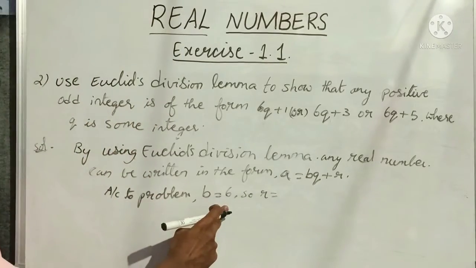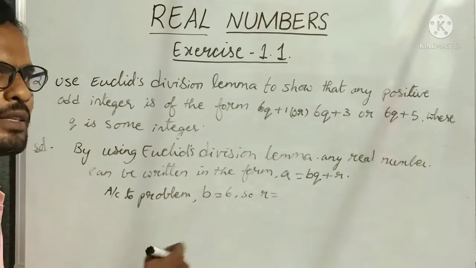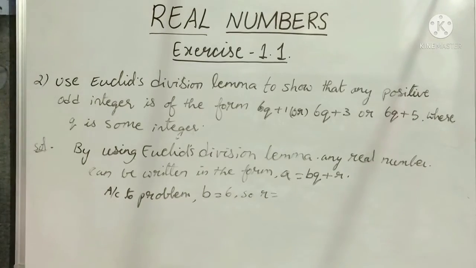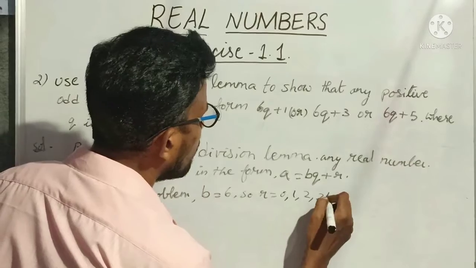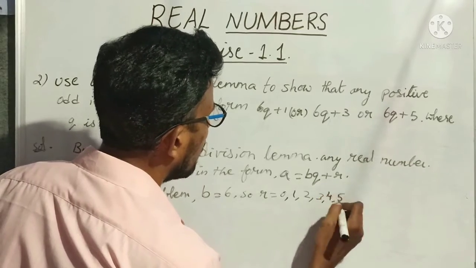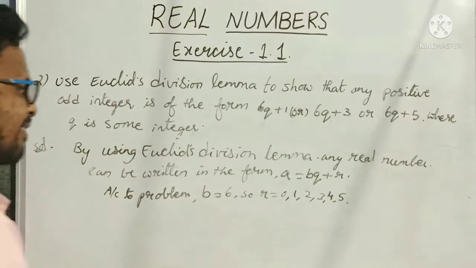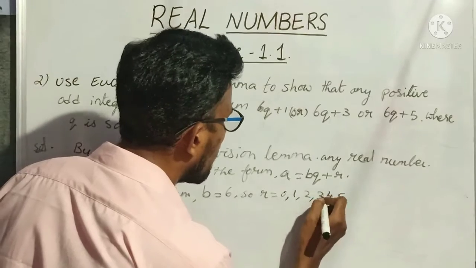If b is equal to 6, means if a number is divided by 6, then what are the possible values of remainder? We get 6 values of remainder, that is 0, 1, 2, 3, 4, 5, right? So these are the possible values of remainder.